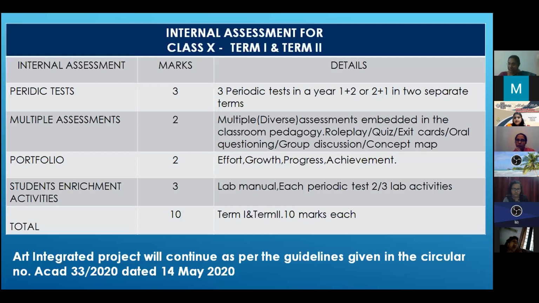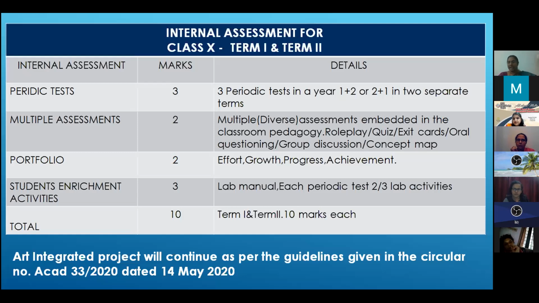Student enrichment activities, lab manual: around each periodic test we can give two or three activities, like that we can move. CBSE hasn't given any number for this. It's only our concern; it should always be in a cumulative way. That's why we can give two or three activities along with each periodic test. It is just suggested, not given by CBSE.